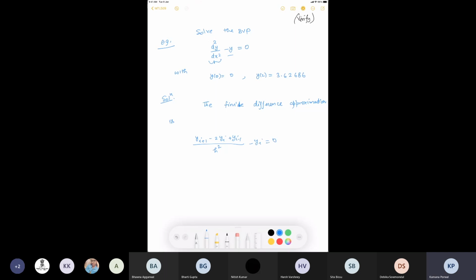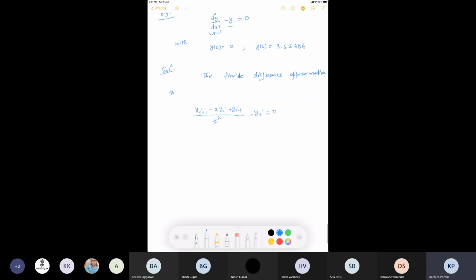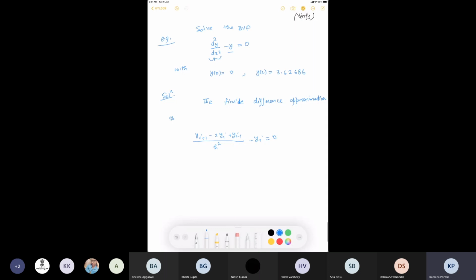Here let me prescribe what h we have to take, because that will give you an idea of the range of i. So let me take h equal to 0.5.